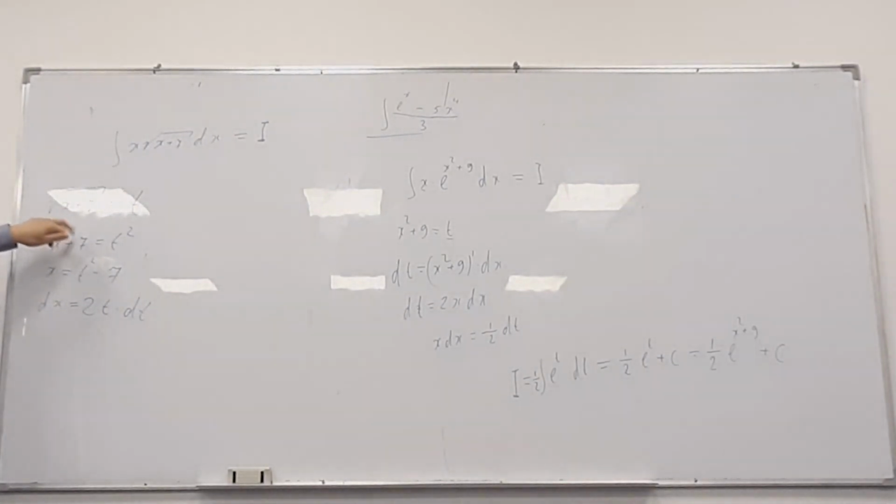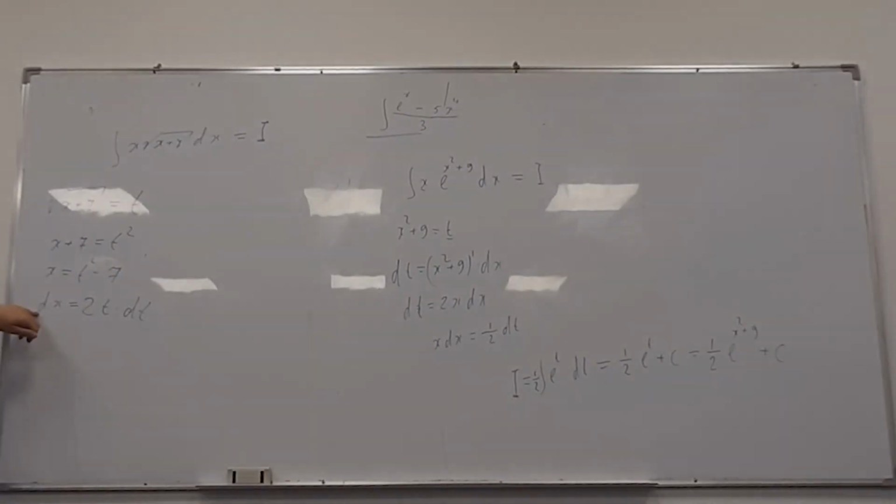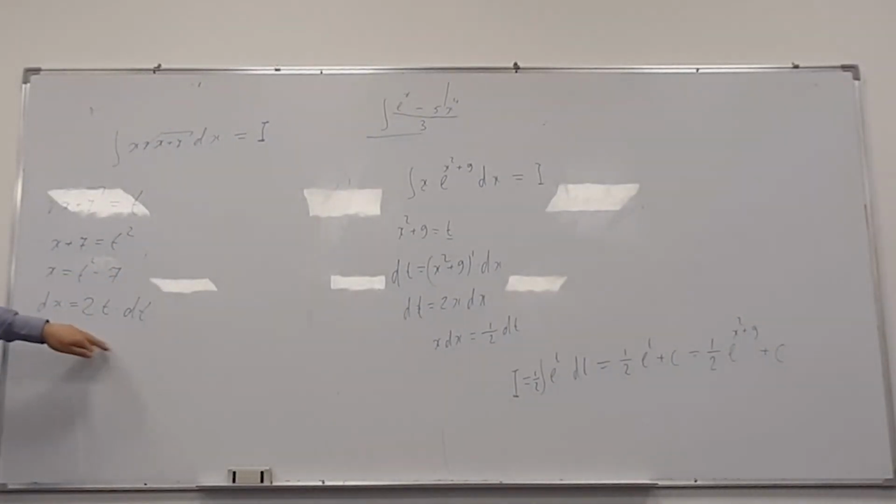The square root of x plus 7 I replace by t, and also dx I will replace by 2t dt.